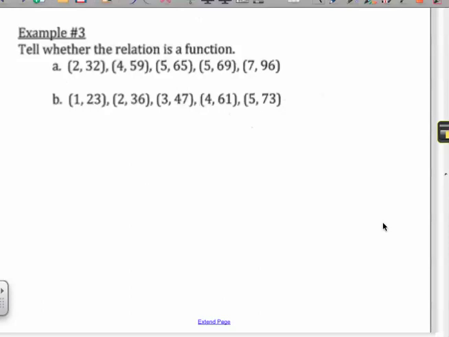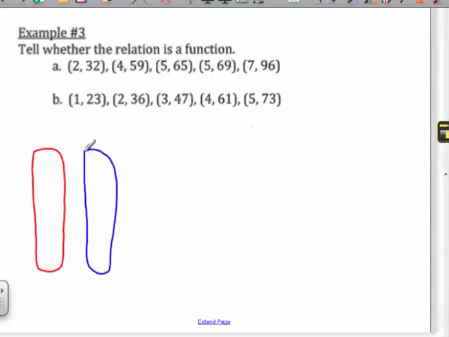Okay, guys, example number 3. It says, tell whether the relation is a function. Let's look at the first one. Well, I'll tell you what we should do first. I'm going to do a mapping diagram, okay? So I'll do my input right here, and then I'll put my output over here.